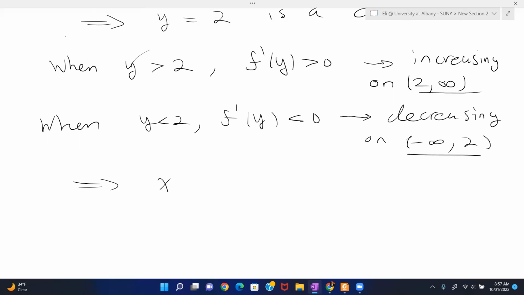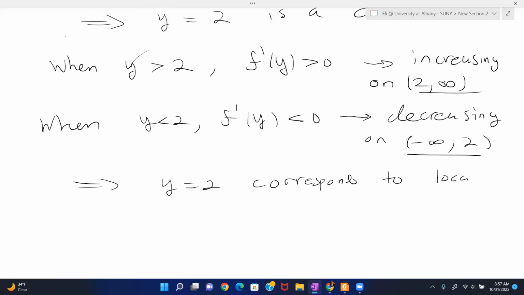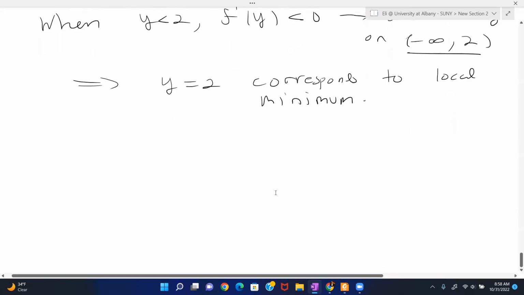So y equal to 2 corresponds to a local minimum. So we have a local minimum at this point. And then now that we know the y coordinate, we can find the x coordinate.